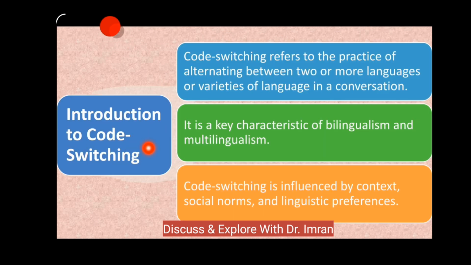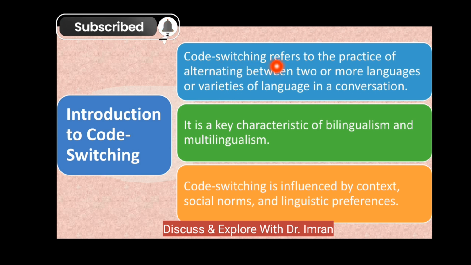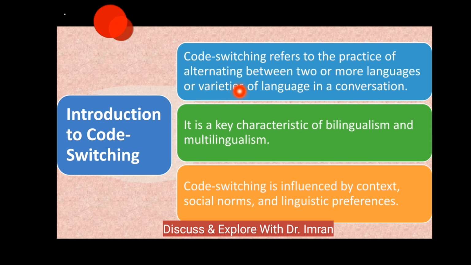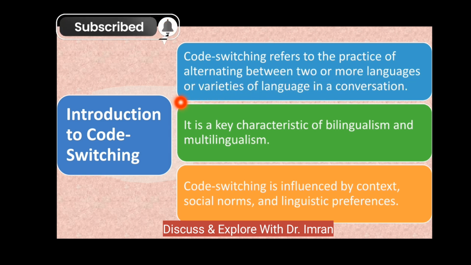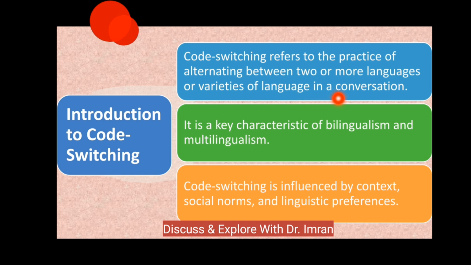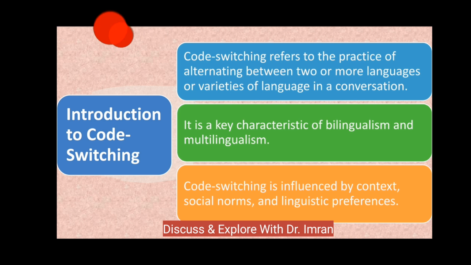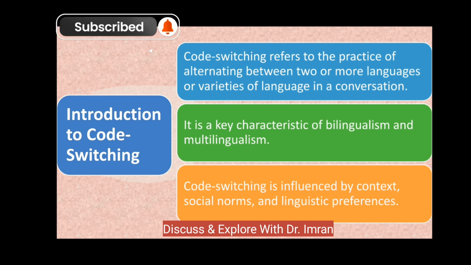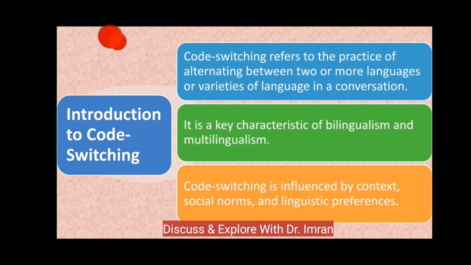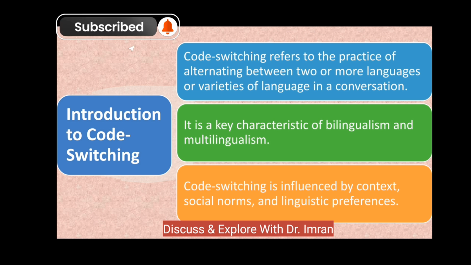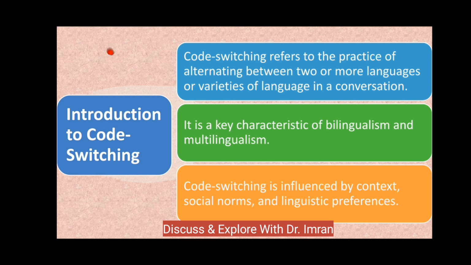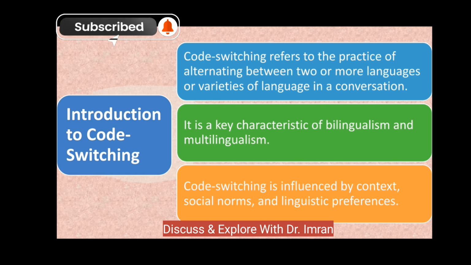Introduction to code switching. Code switching refers to the practice of alternating between two or more languages or varieties of language in a conversation. So it means that when you are interacting with someone or you are making a conversation and you change your language, you switch from one language to another, or from one variety of language to another in an interaction, so you are doing what?